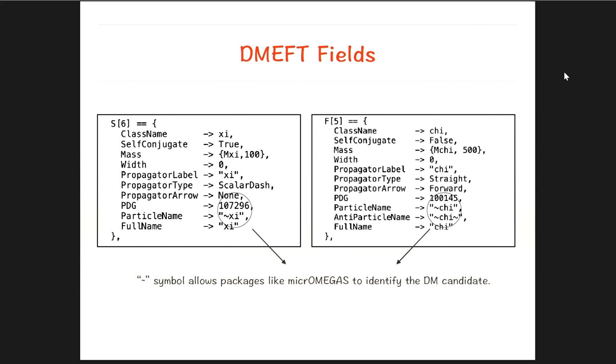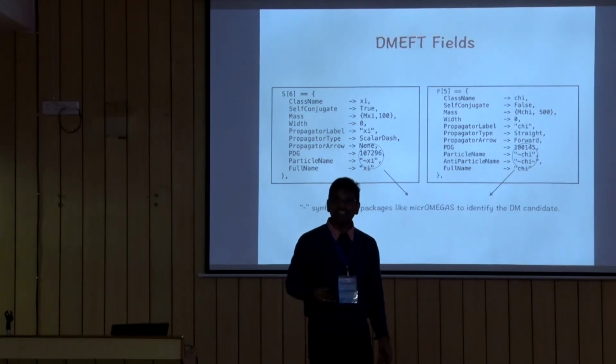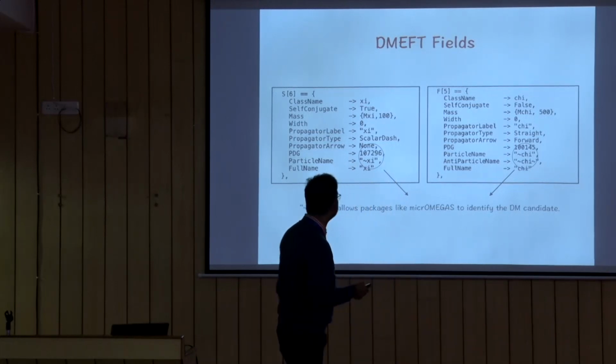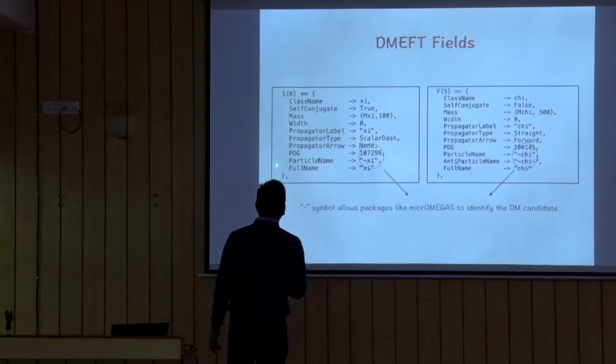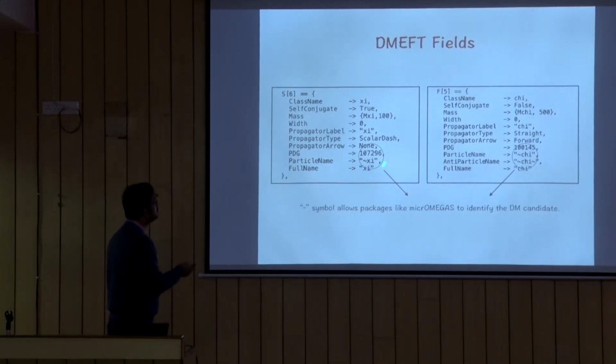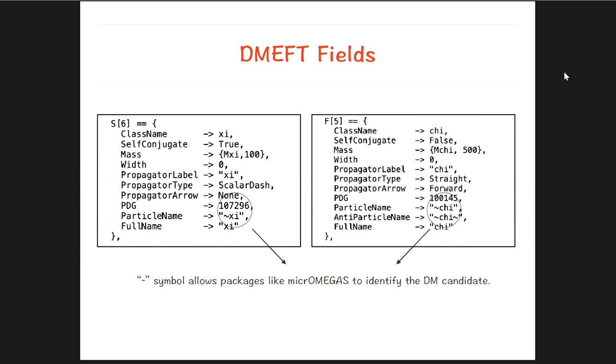Now you give a name, you define the mass, it doesn't decay, so the width is 0, there is a propagator level, etc. PDG code, you put something arbitrarily large, so that there is less chance of conflict with the existing ones. There is an interesting point which I must draw your attention to, that in the particle name you must define the dark matter with a tilde, whatever, tilde A, tilde B.